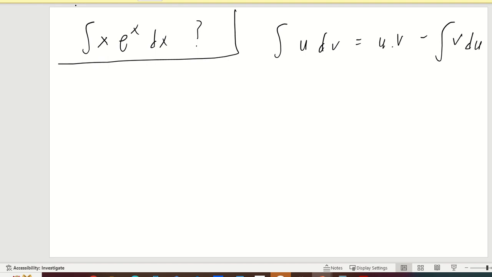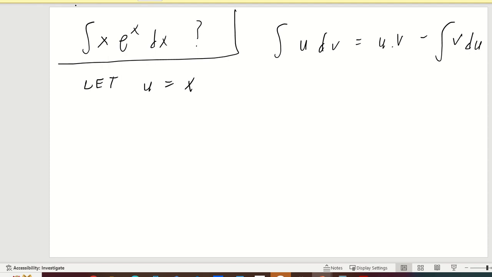Okay, so in this example, we have to choose what u is going to be, and then we have to choose what dv is going to be. We make this choice so that the integral that we get is simpler than our initial integral. So the choice that we have allows us to let u is equal to x.